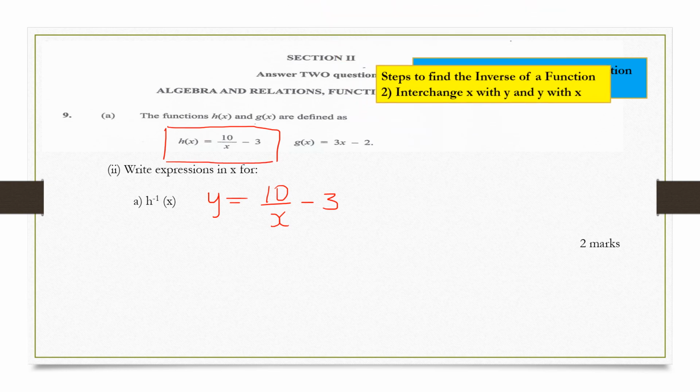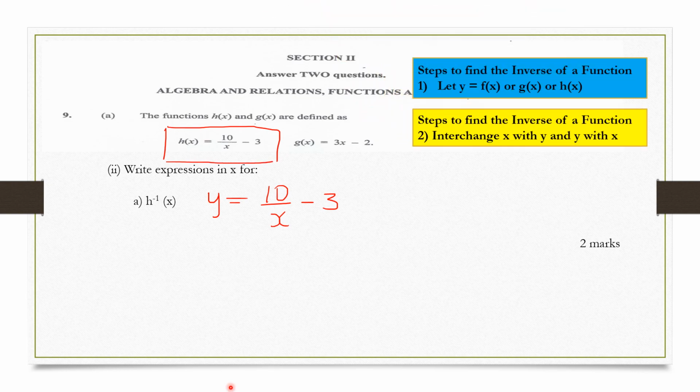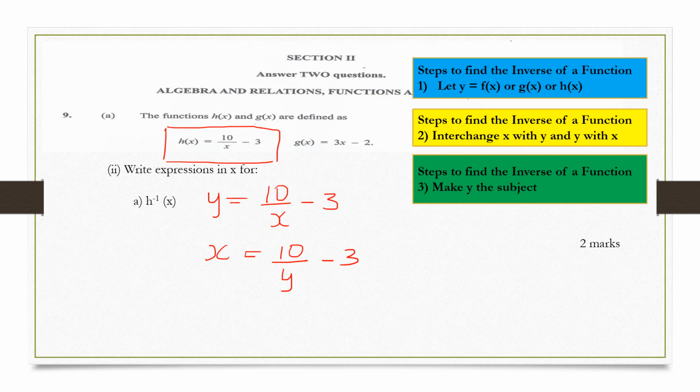Second step, it says interchange x with y and y with x. So wherever you see y, we're going to write x, and wherever you see x, we're going to write y. And the third step, make y the subject.